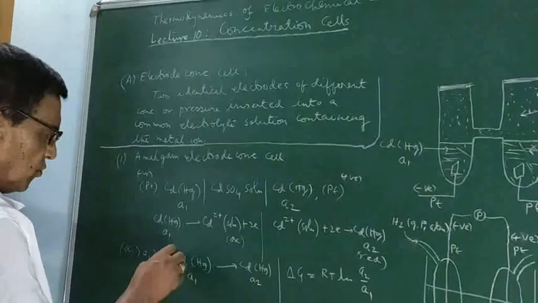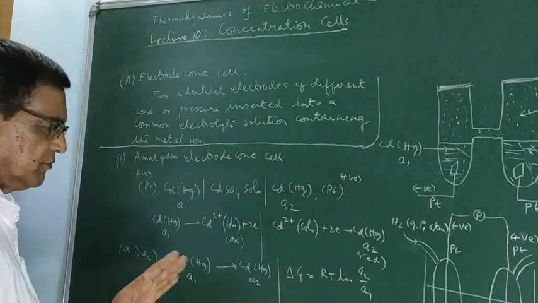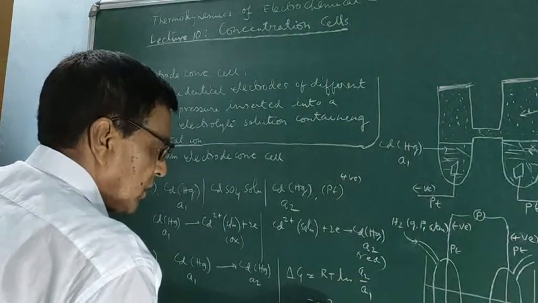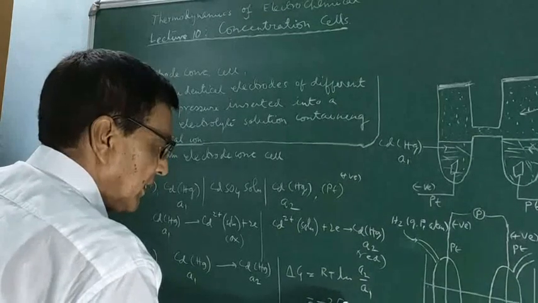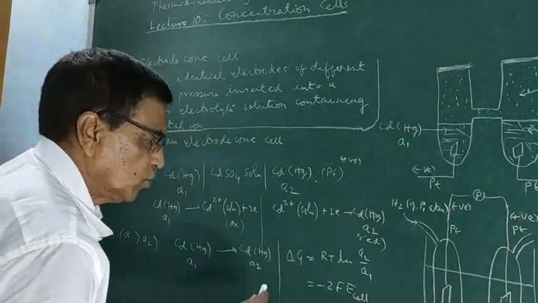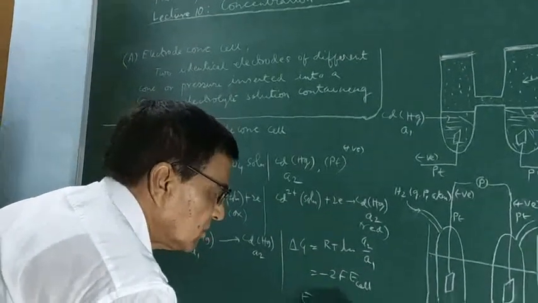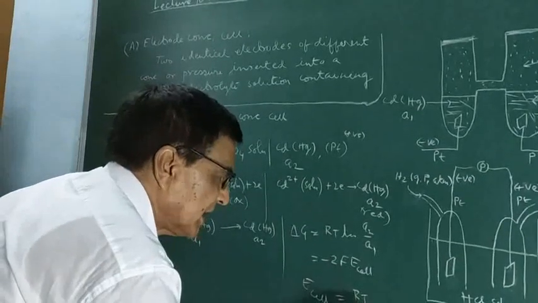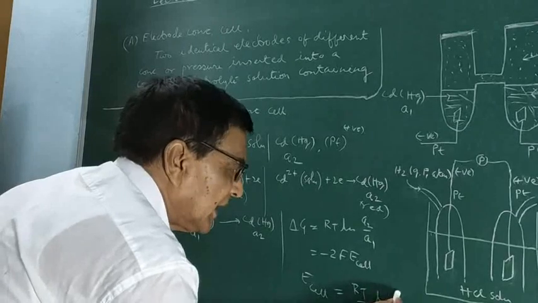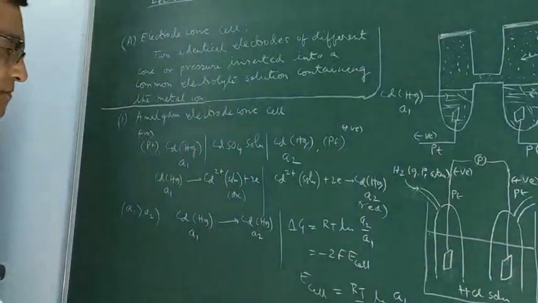Here 2 gram equivalents of cadmium are passing from left to right, so it will be equal to minus 2F E cell. If we equate these, then E cell will be equal to RT by 2F, and if we remove the minus, ln A1 by A2.